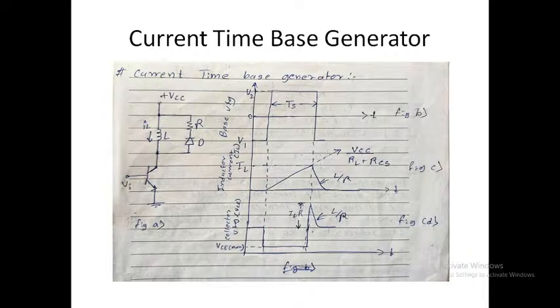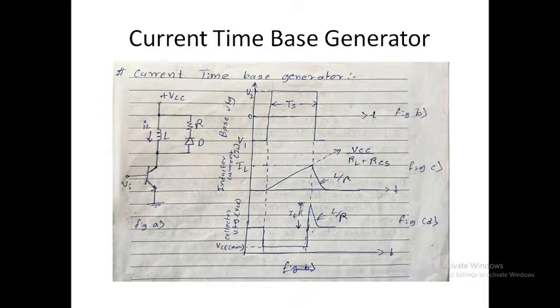In that current time based generator, you can see instead of RC, that is collector load, you're going to give an inductive load, and a diode and a resistance in series is connected across the inductor, or parallel to the inductor.